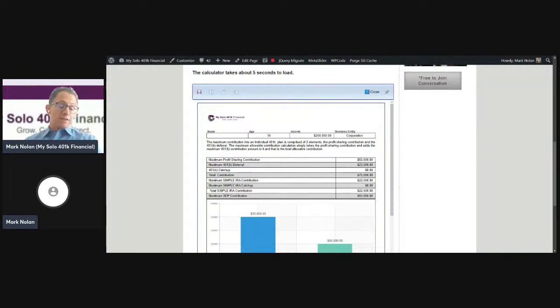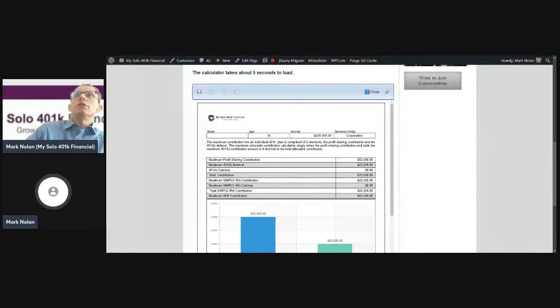So you would treat that $50,000 as an employer Roth contribution, and then you would instead treat $20,000 as an employee Roth solo 401k contribution. Or you can say, well, I'm going to go ahead and do $23,500 as an employee Roth solo 401k contribution and contribute instead whatever amount would equal up to $70,000.